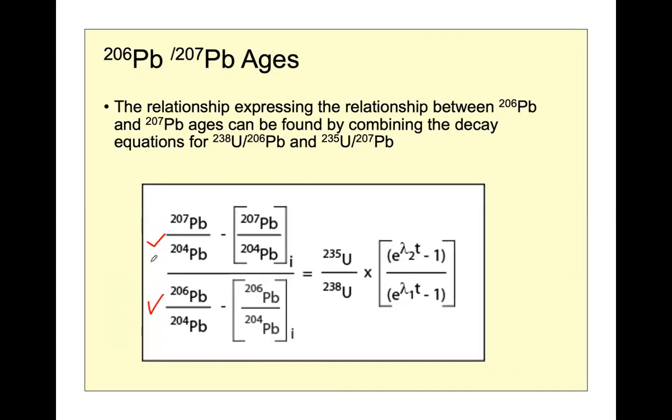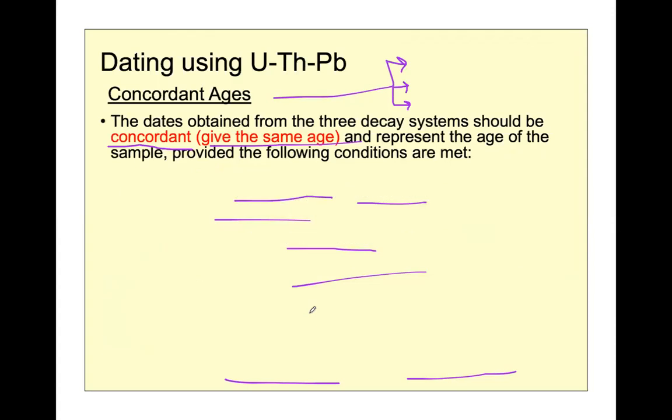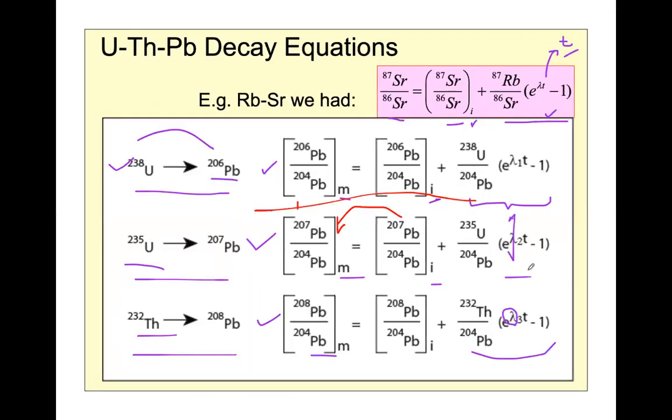So these two equations are divided, and what you get here is 235 over 238, because 207 and 206 are there. I think you can understand what is coming, because 238 is here, 235 is here. These are similar terms, so they cancel out, it's just a number.